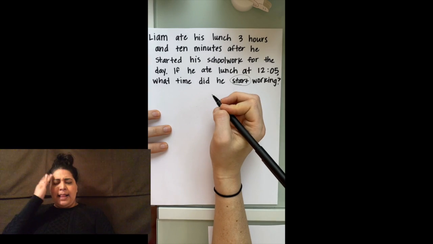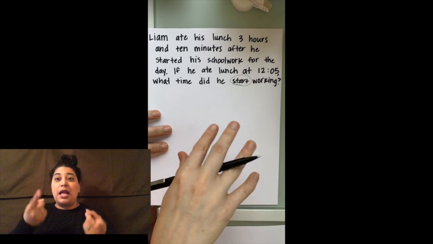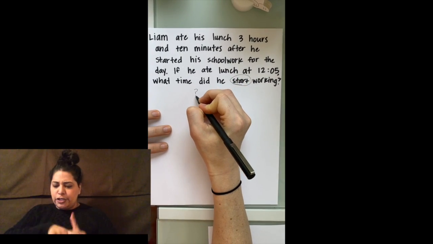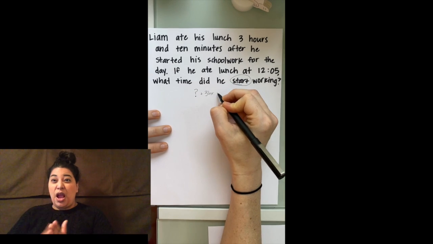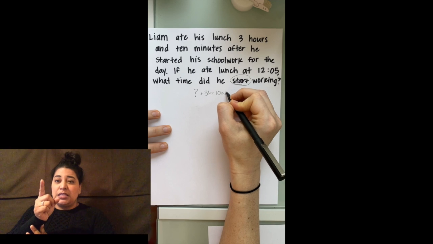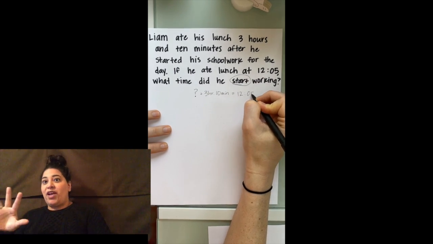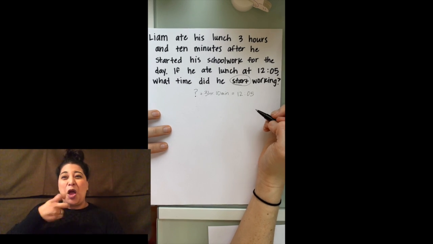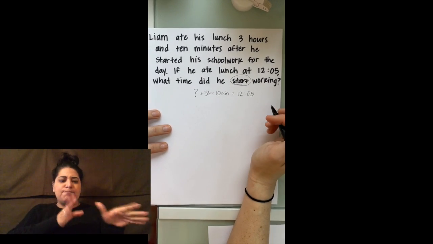So when I think about how to write just like a situation equation, like what the story says is happening, I'm thinking, okay, he starts and then he does schoolwork for 3 hours, 10 minutes, and then it's 12:05. Now that doesn't look like a problem that we're going to be ready to solve, but organizing it this way helps me understand what I need to do in order to find the answer.